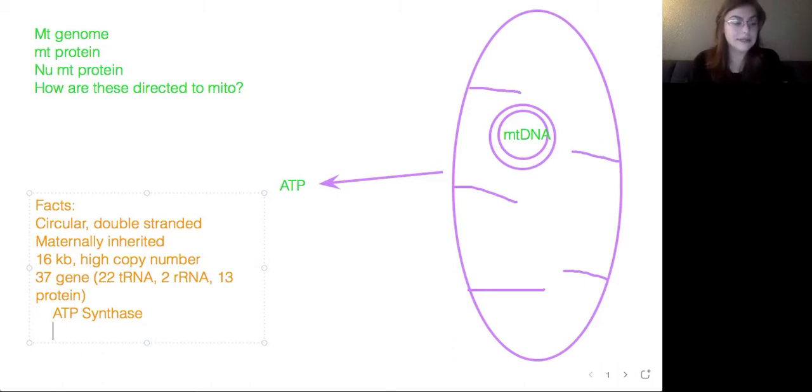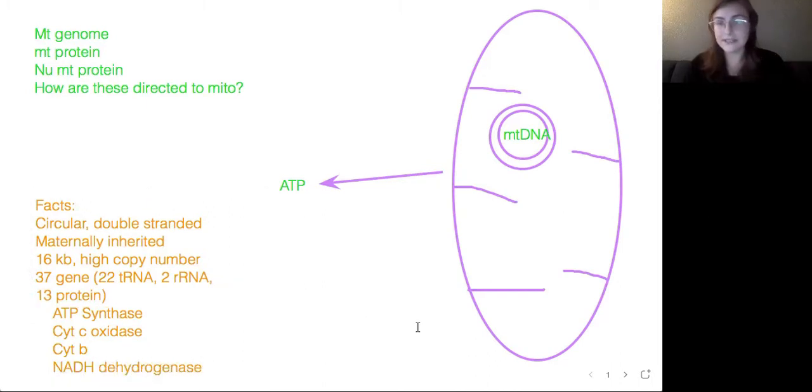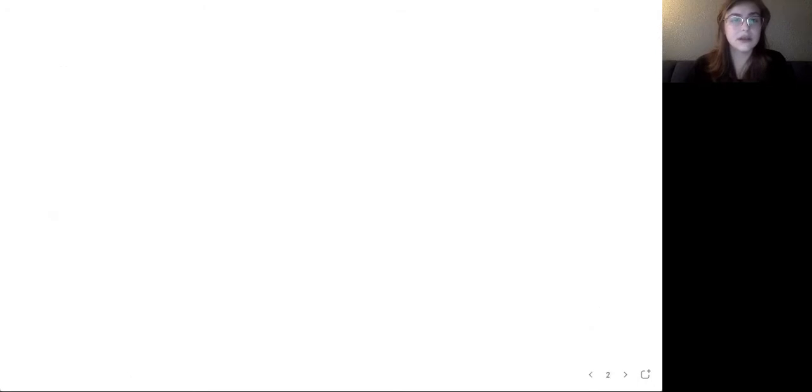That is ATP synthase, cytochrome C oxidase, cytochrome B, and NADH dehydrogenase. Obviously, there are going to be a lot more proteins within the mitochondria, both related to energy production and its other functions. And so how did the rest of these get into the mitochondria is what we're about to discuss.